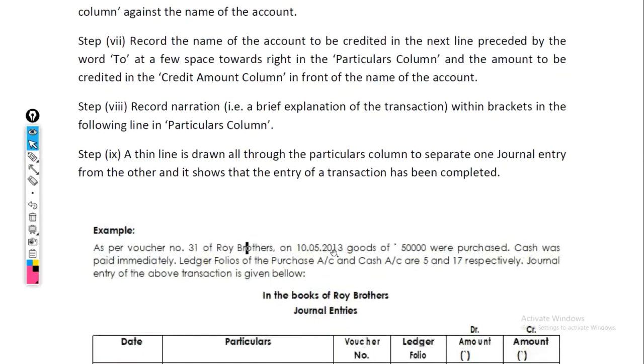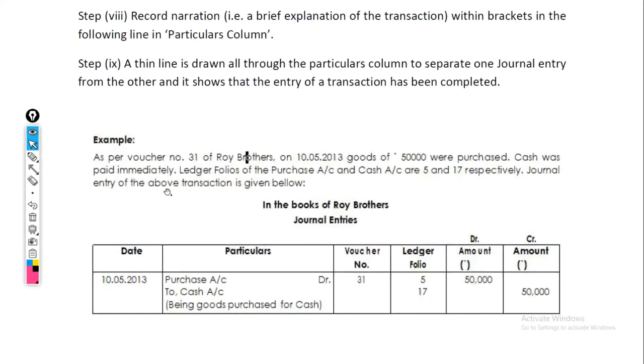So this right here is an example of a journal entry and you can apply those steps here. As per voucher number 31 of Roy Brothers on 10/5/2013, goods of 50,000 were purchased, and cash was paid immediately.